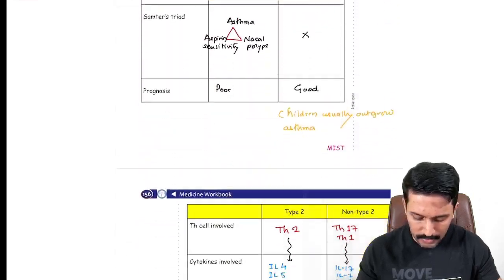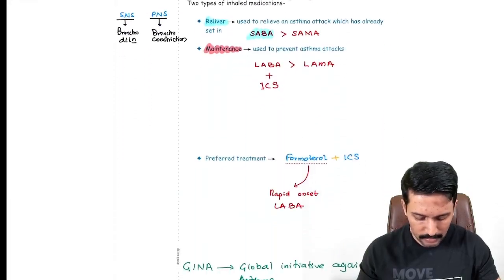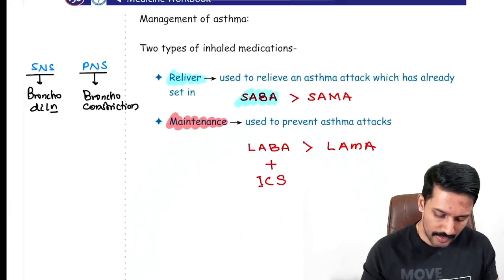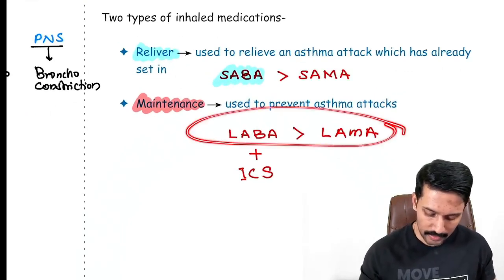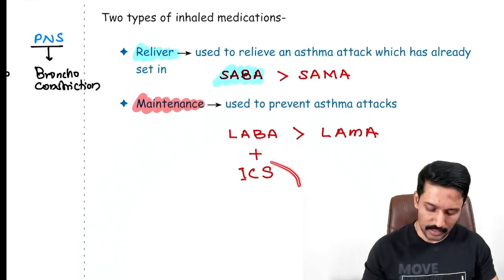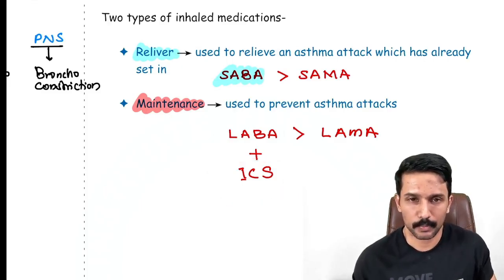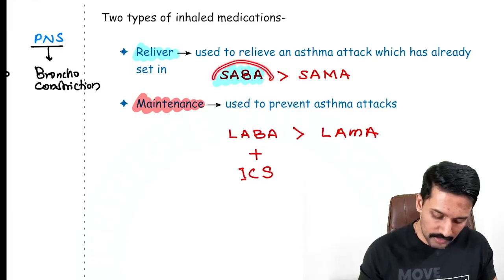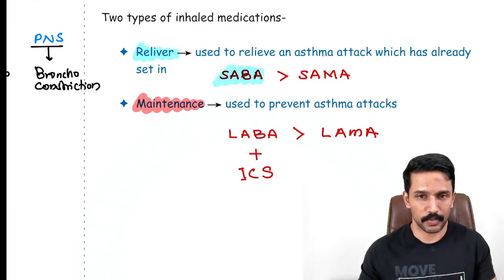Okay, so what can be considered as a reliever? Anything that acts quickly will be a reliever. So SABA and SAMA are relievers, and for maintenance, LABA and LAMA can be considered maintenance, and inhaled corticosteroids, because they're anti-inflammatory, are part of maintenance medication. Among the relievers, SABA is preferred. Among the maintenance, LABA plus ICS is generally preferred.